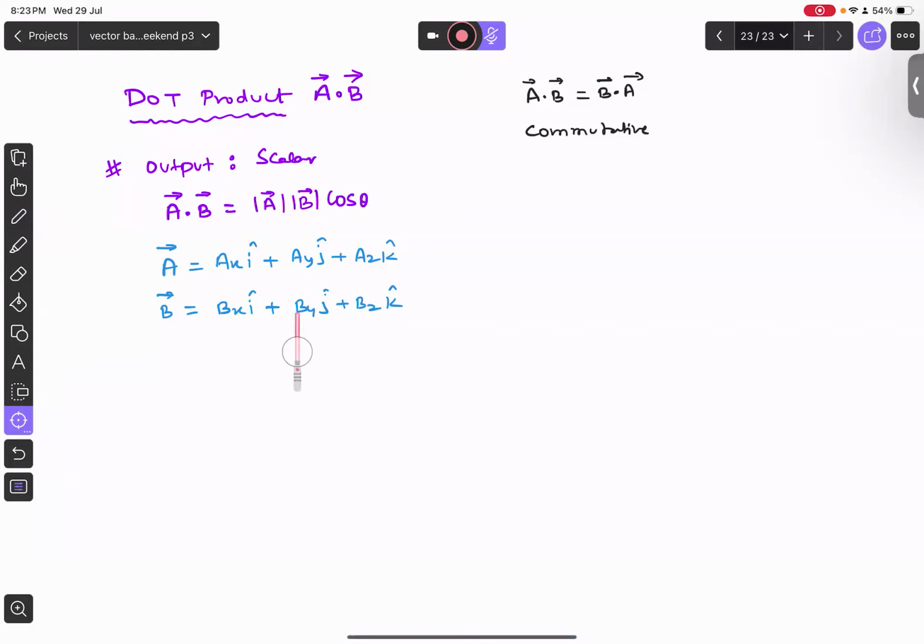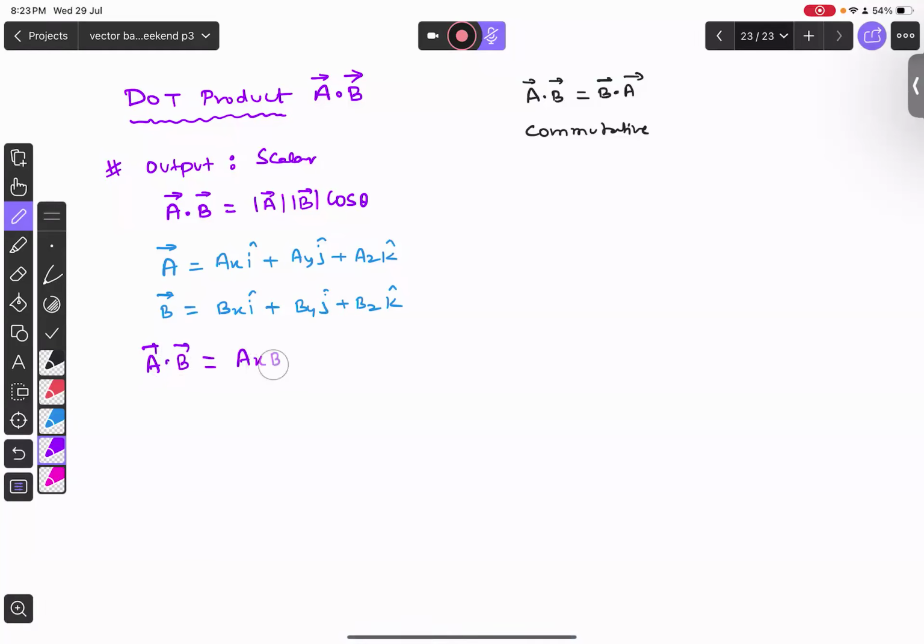And the same way we can find the length of vector B. And if we do some math to find the cos of the angle between them, and plug in the length of A, length of B, and cos of the angle between them, what we get is that A dot B will come out to be Ax Bx, Ay By, and plus Az Bz.